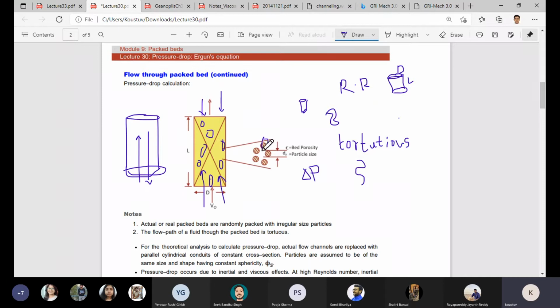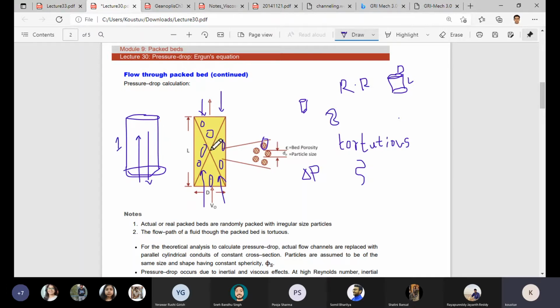Moreover, these packing materials are all solid, right? So when they are inserted into this pipe, this empty pipe, then what happens? Earlier all of it was void. The void fraction, basically the porosity, in an empty tube is 1.